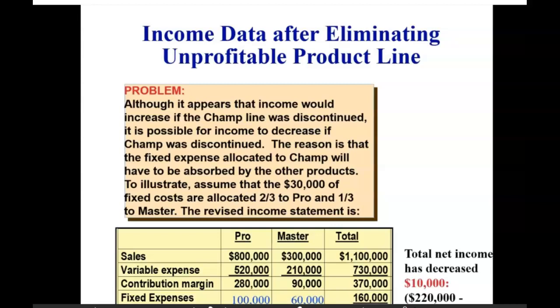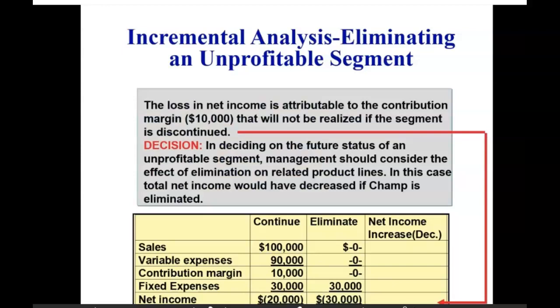So actually, my profits, instead of going up by the loss on Champ, go down. Because, you see, if I continue, Champ shows a net loss of $20,000, but if I eliminate, that net loss will be $30,000.